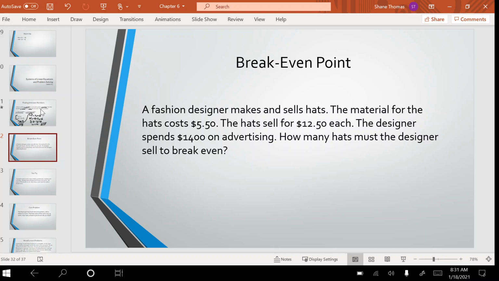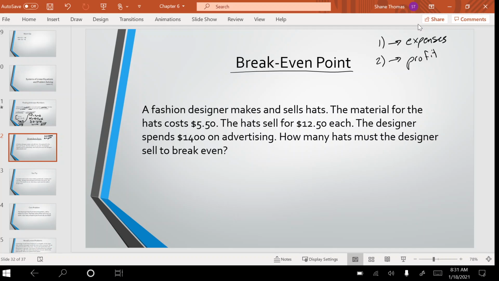All right, so in a break-even point or a break-even problem, you need two equations. All right, your first equation, I'd write this down. Break even, your first equation needs to be your expenses. Your second equation needs to be your profit.